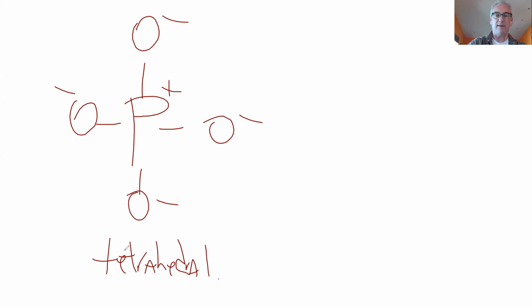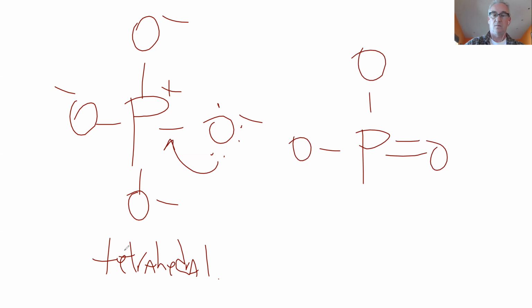Well, what if I take one of the lone pairs of this oxygen, move it in here to make a double bond and reduce my formal charges? Now I've got this. Negative, negative, negative. No charge on the oxygen, no charge on the phosphorus. Well, guess what?